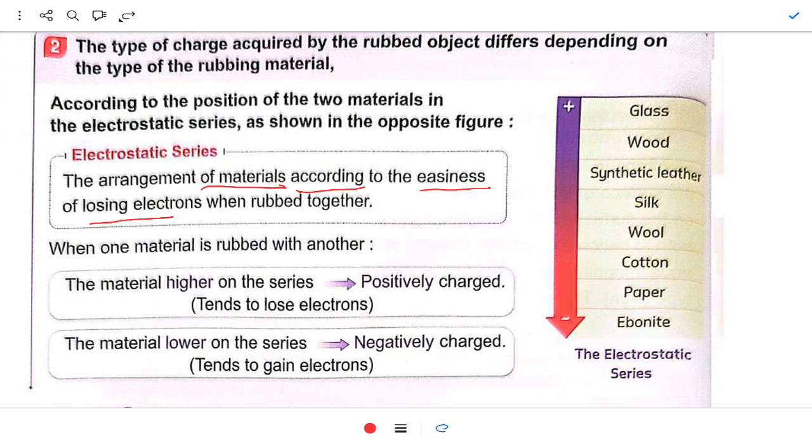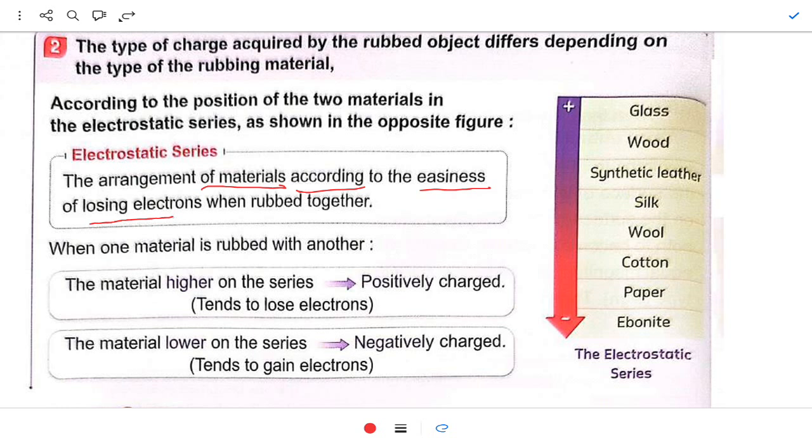You already know that the more active metals are those that easily lose electrons. Easy to lose electrons, these metals.